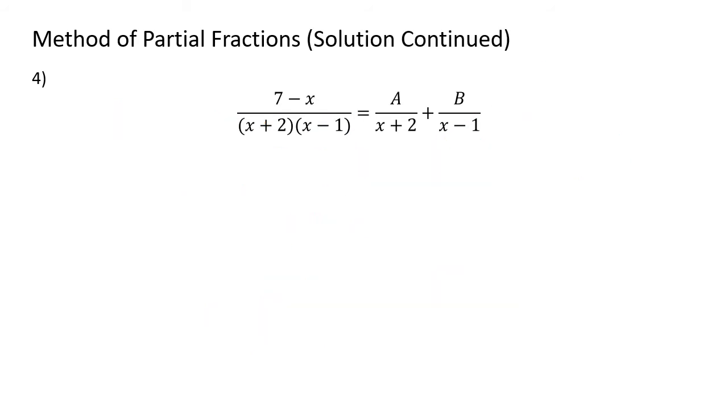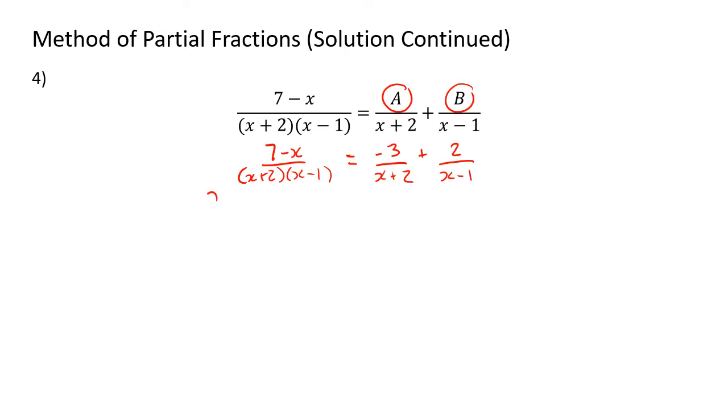Instead of this function, 7 minus x over x plus 2 times x minus 1, we found the equivalent fractions. We can write that instead as negative 3 over x plus 2, substituting in the value for a, plus 2 divided by x minus 1, substituting in the value for b.